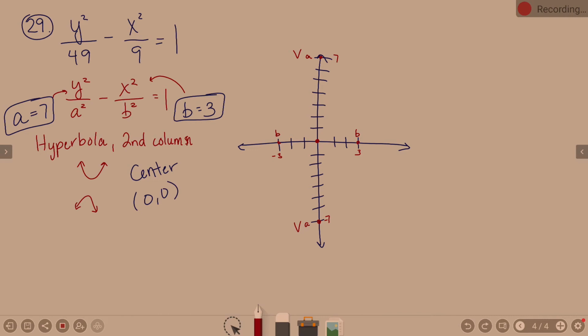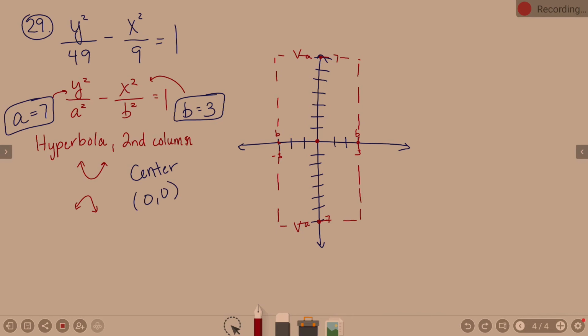In an ellipse, these 4 points form the ellipse, the A's and your B's. In the hyperbola, these 4 points form the rectangle. So I'm going to make a rectangle through my A's and my B's. Okay, so I made a rectangle through my A values and my B values.